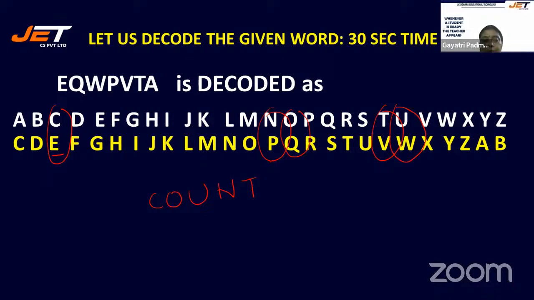Next we have T. T is R. Next we have A. So A is Y. So COUNTRY, country. All right.